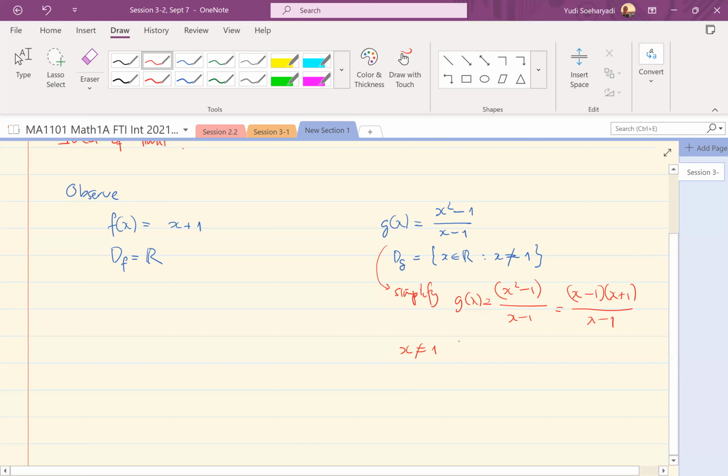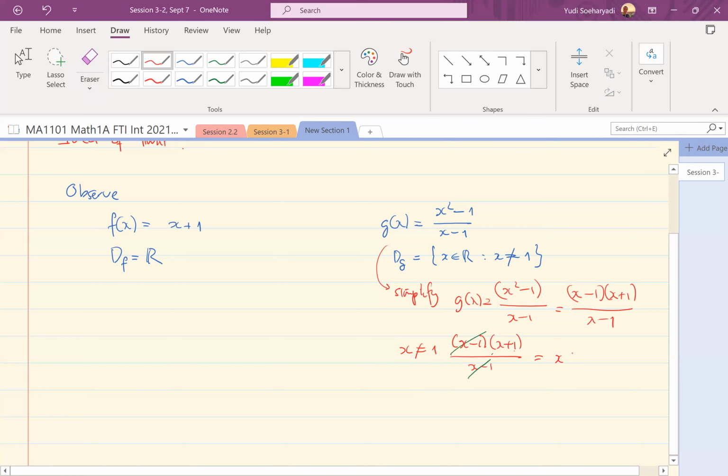So for x not equal to 1, you can cancel this one. Right? Cancel those. So you end up with the, sorry, I should cancel this one instead. You cancel this, right?